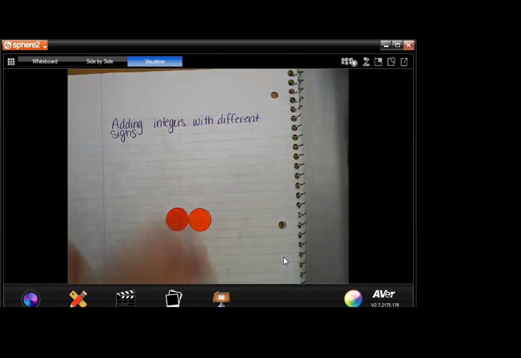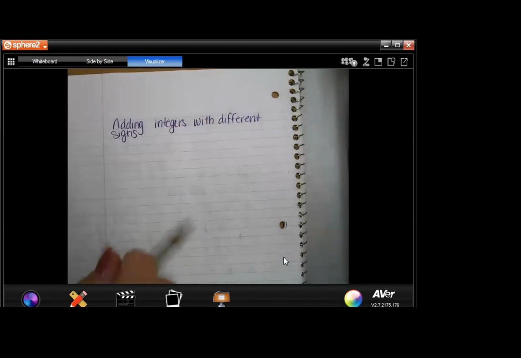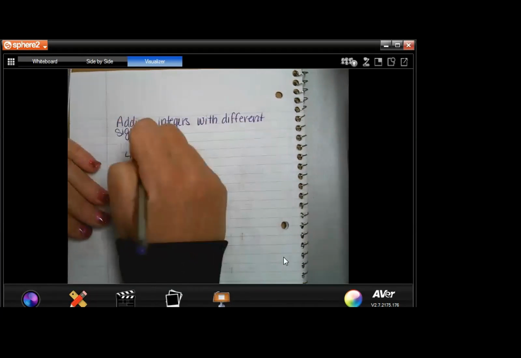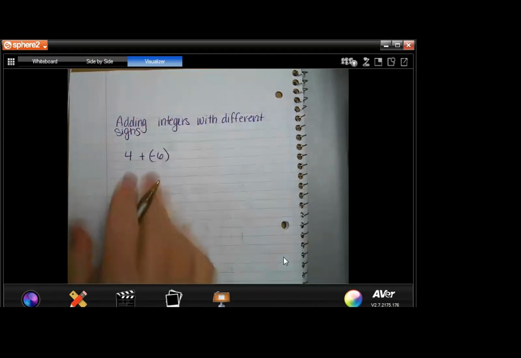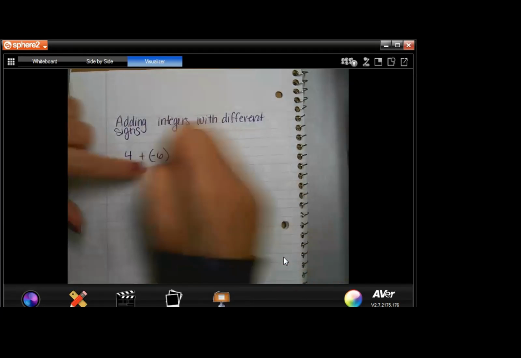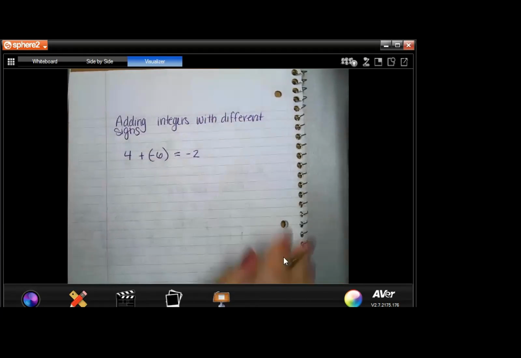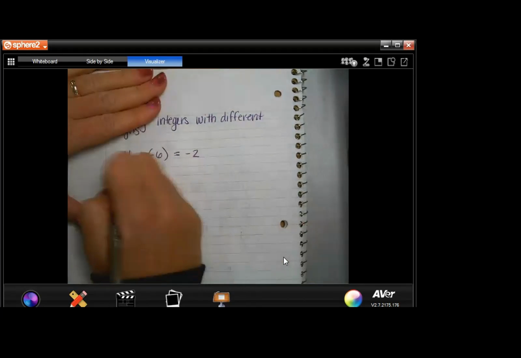I know, it's okay. So watch, here we go. If I have 4 plus -6, we just found that the sum of these two numbers was -2. Well, let's actually look at what this would look like on a number line.